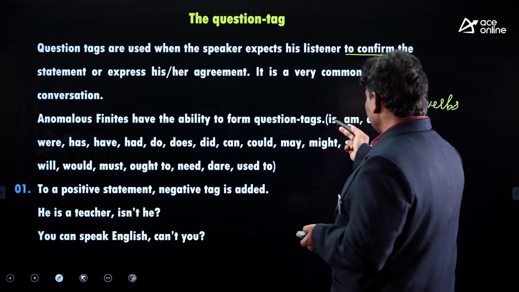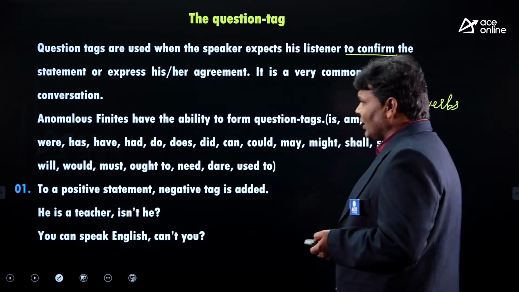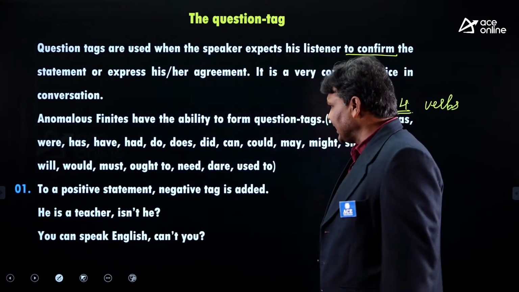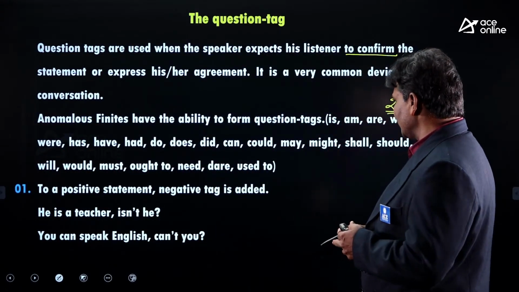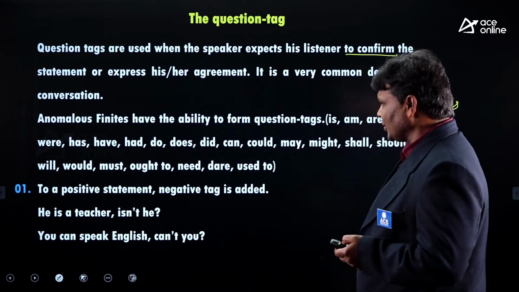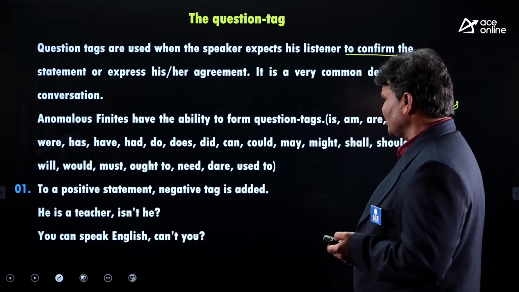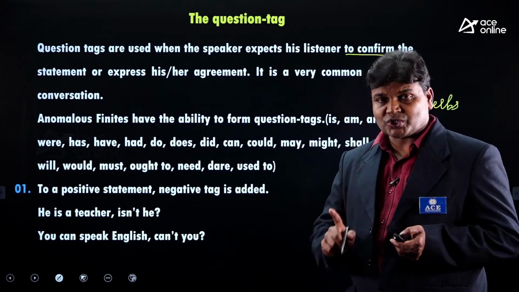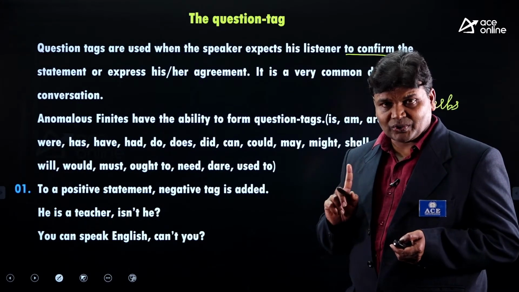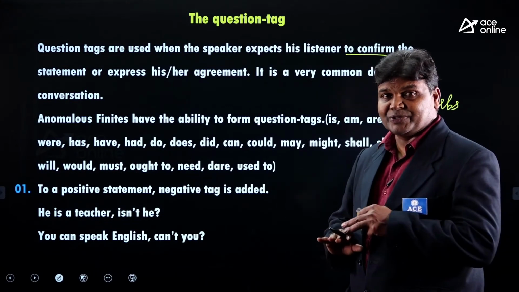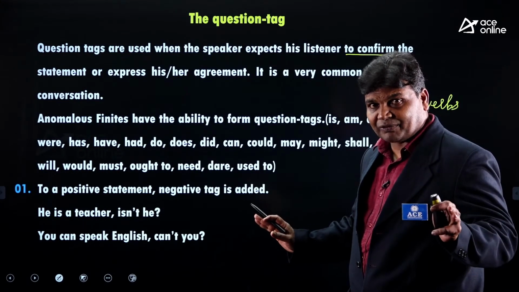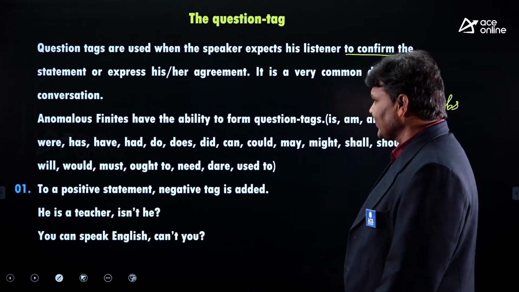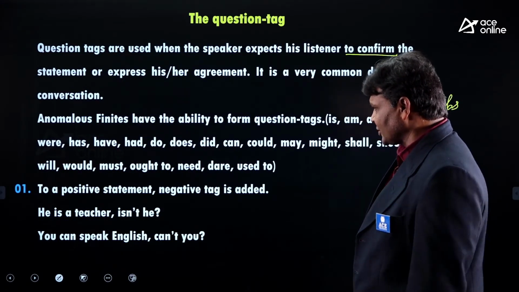You can see here: is, am, are, was, were, has, have, had, do, does, did, can, could, may, might, shall, should, will, would, must, ought to, need, dare, used to. In the question tags, we use only these verbs. There is no other verb we can think of. So that's what I said, there are 24 anomalous finite verbs, students.